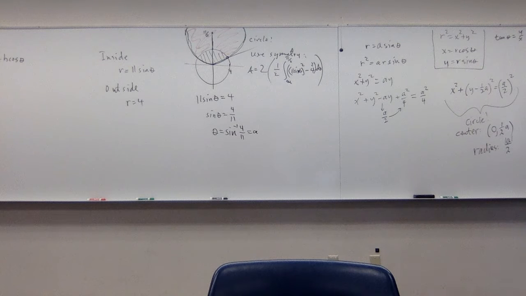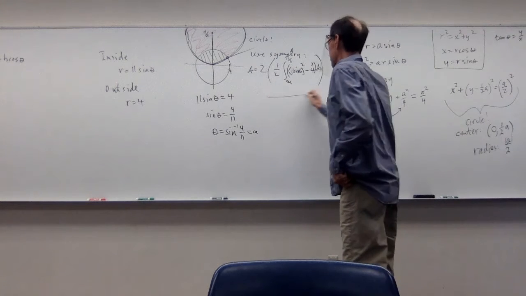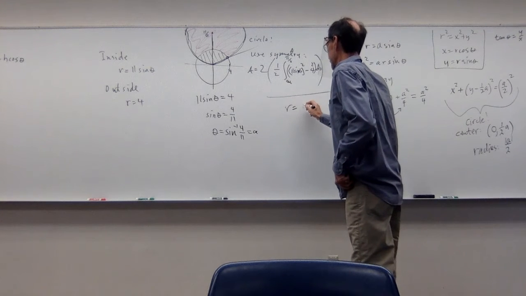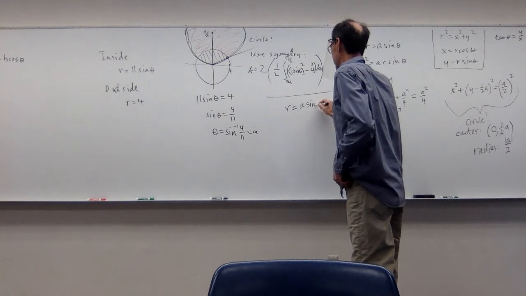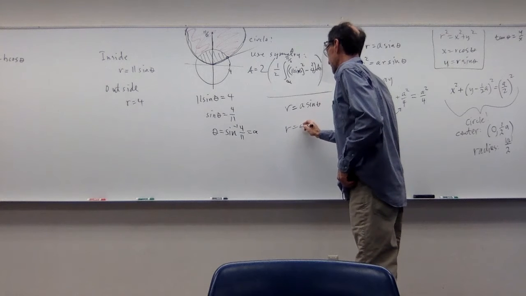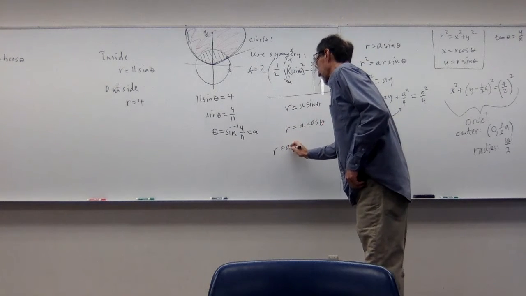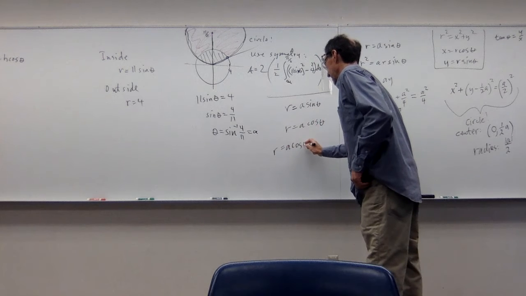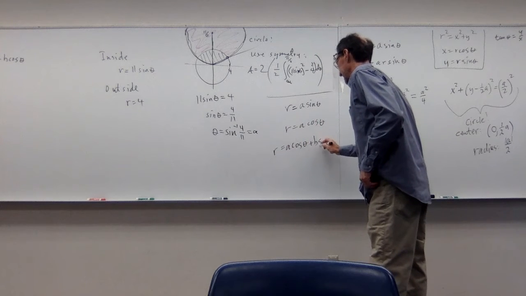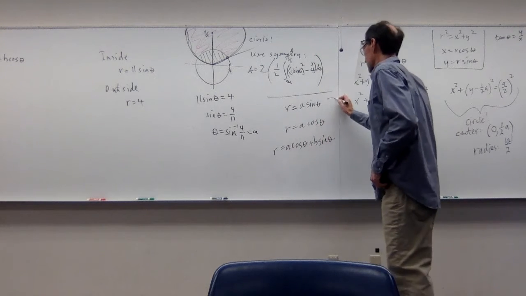So we learned something very important along the way, and that is these functions, r equals a sine theta, r equals a cosine theta. In fact, we can add them together like Nick did in his video, a cosine theta plus b sine theta. These are all circles.